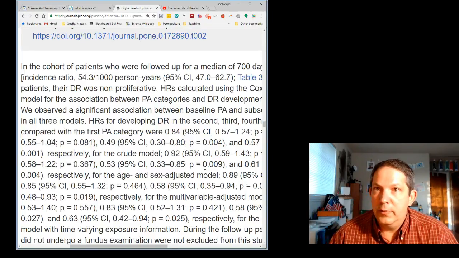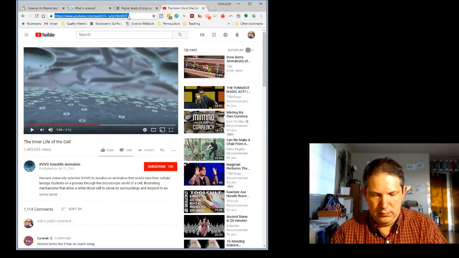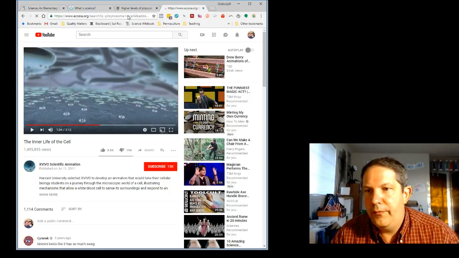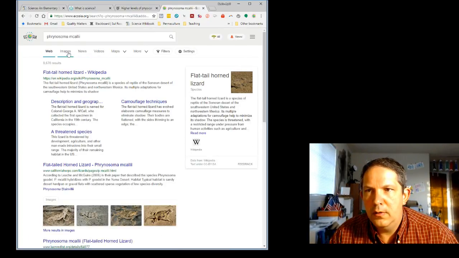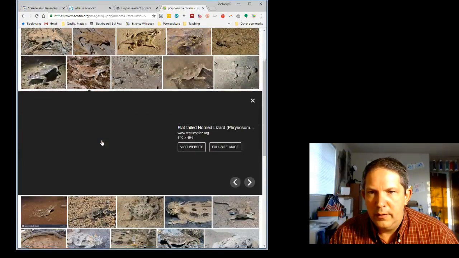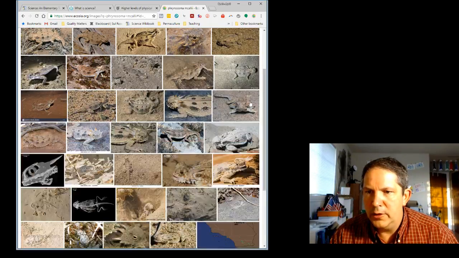Can I show you a picture of what those lizards look like? Yes, I can. So here they are. People put them out where you can see them for pictures.